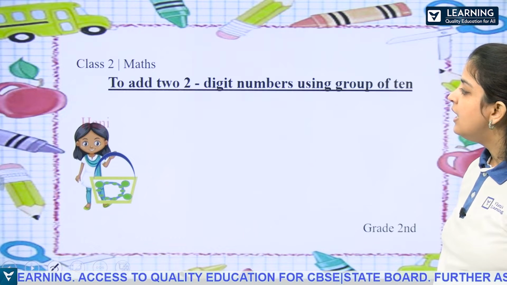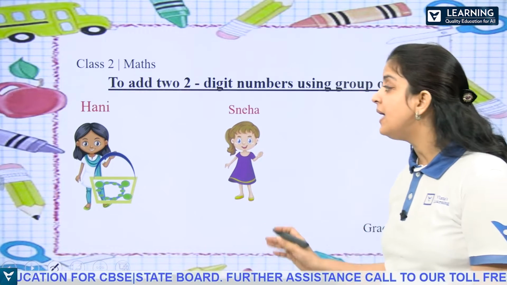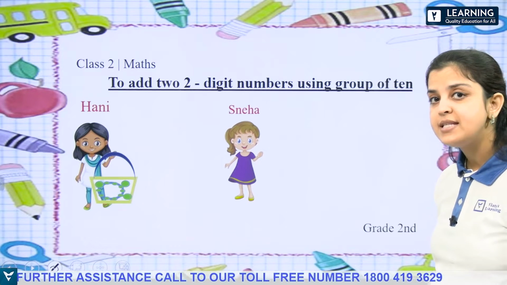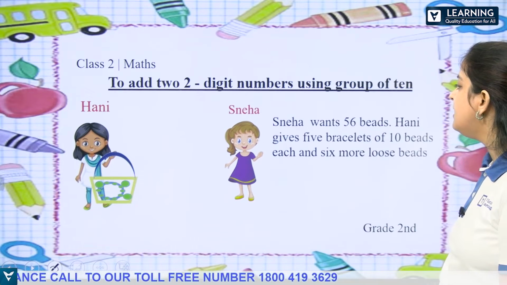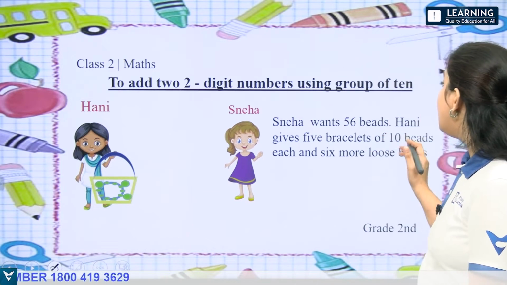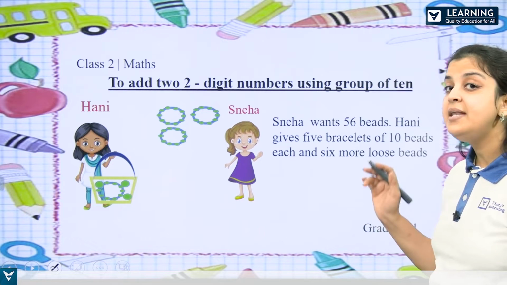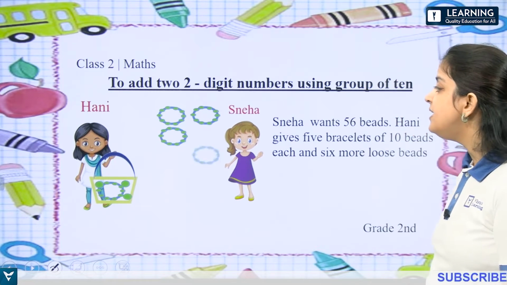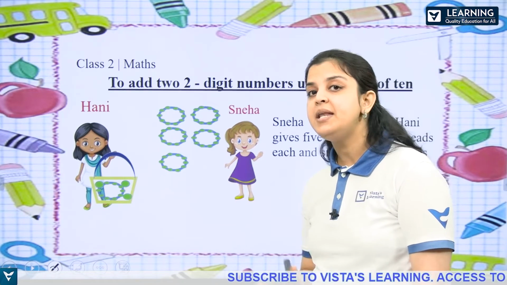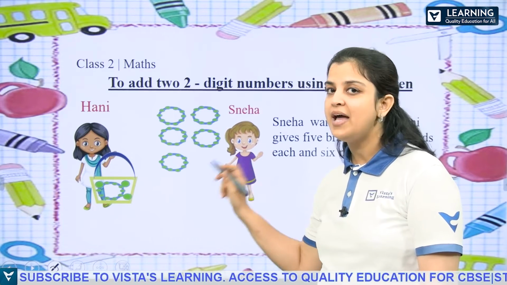Now, again, Sneha comes to buy beads from Honey. Let's see how many beads Sneha wants to buy. Sneha wants 56 beads. Honey gives 5 bracelets of 10 beads each. 1, 2, 3, 4 and 5.